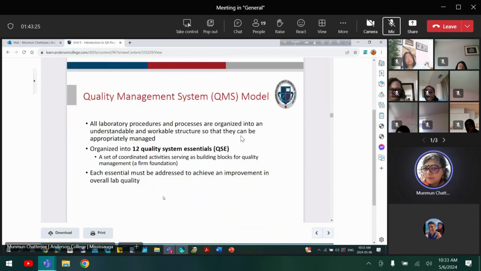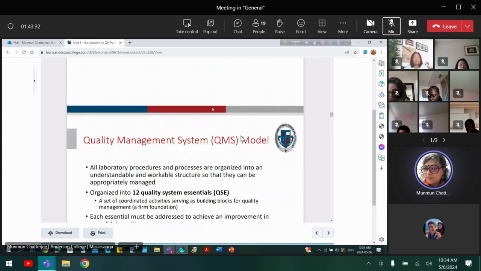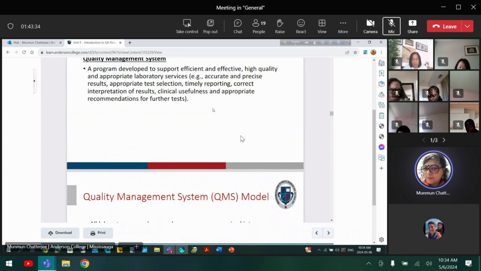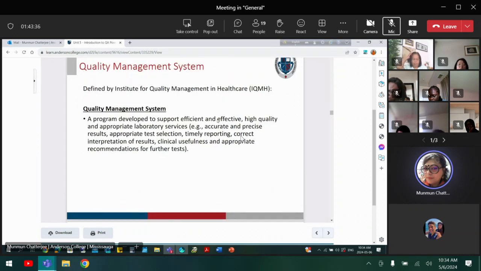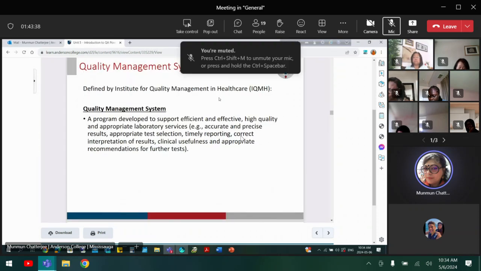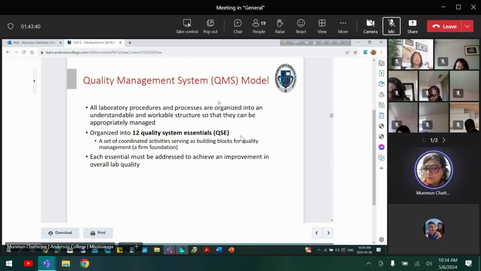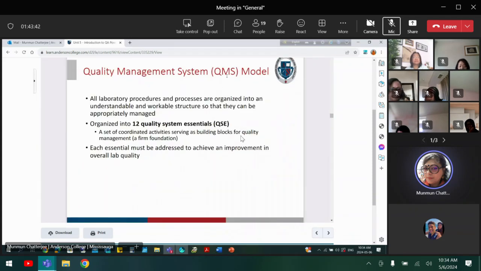So quality management system is called the QMS. And IQMH is the Institute for Quality Management in Healthcare. In the QMS model, laboratory procedures and processes are organized into an understandable and workable structure so that they can be appropriately managed.